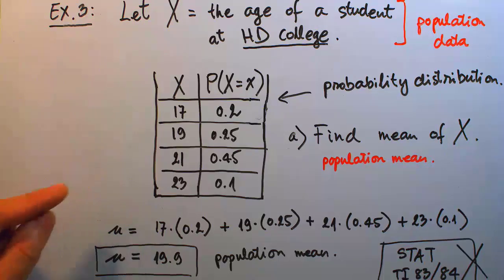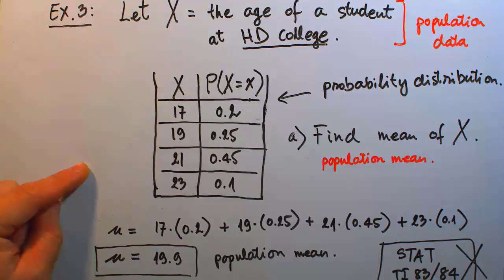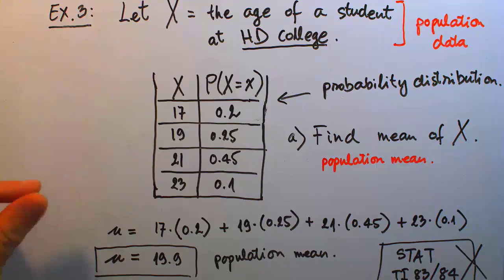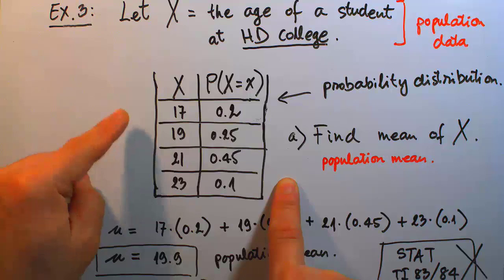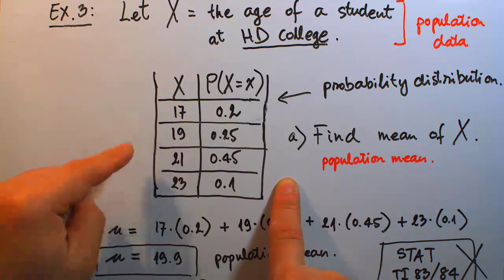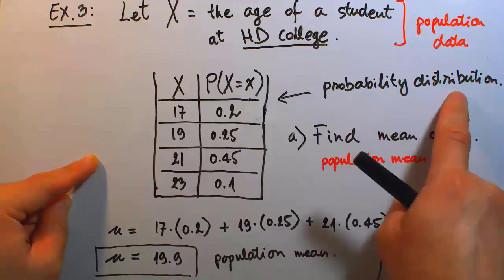The reason is simple. The stats button in your TI 83 and 84 calculator can only find the mean value once you already have the complete list of data and give it to the calculator. But here we don't have the complete list. What we have is the probability distribution.